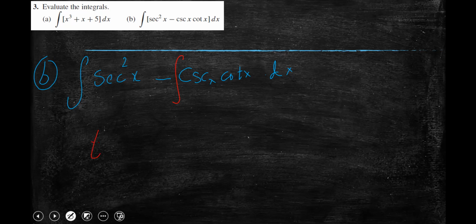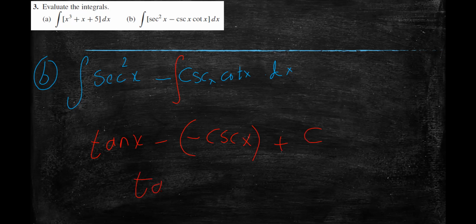It is tan x. Minus, what is the integration of cosecant cotan? It's negative cosecant, plus c. So the answer will be tan x plus cosecant x plus c.